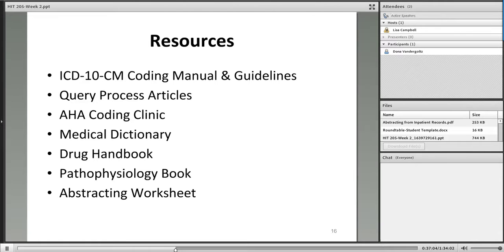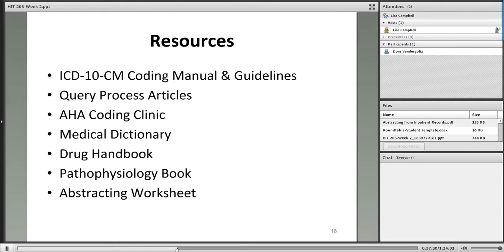Then the next resource, medical dictionary, or the internet. Because as you're reading through the inpatient medical records, you're going to find that there are going to be words that you don't know. Whenever you see a word that you don't know, it's going to be very important that you research that word and become familiar with it.